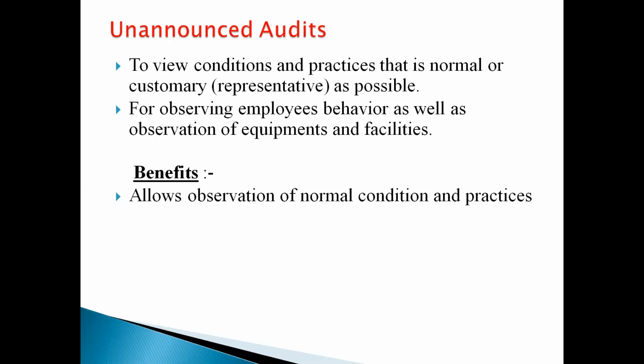And unannounced audits are used to review conditions and practices as normal or customary as possible, and for observing employee behavior as well as observation of equipment and facilities. The benefit is that it allows observation of normal conditions and practices.